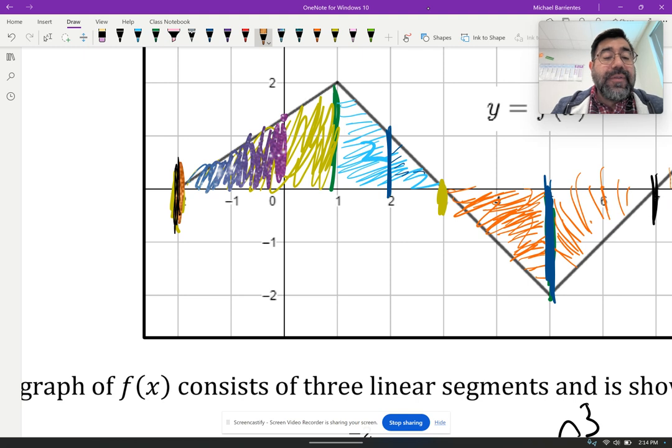Well, remember, this segment has a slope of 2/3. It rises 2 and goes over 3, so my slope is 2/3. Another way to look at it is that the slope of 2/3 means it goes up 2/3 for every one step it goes over.